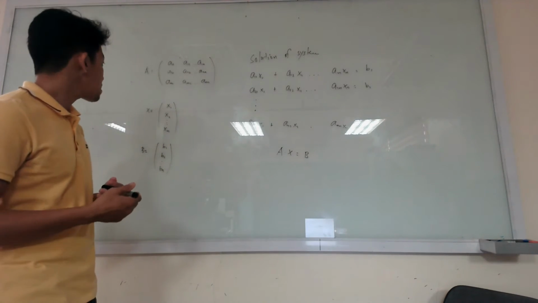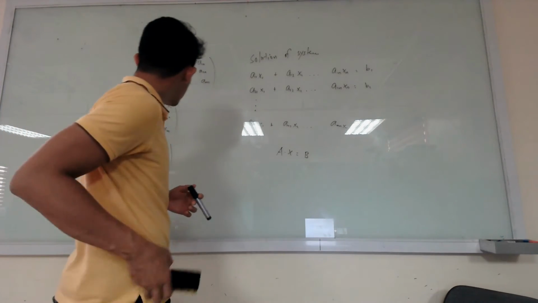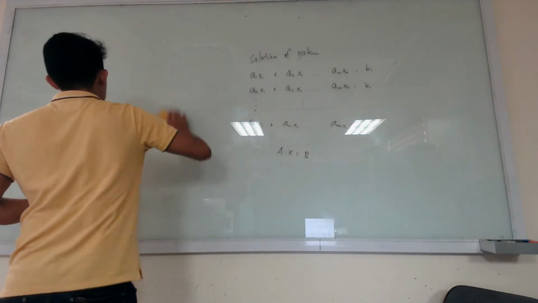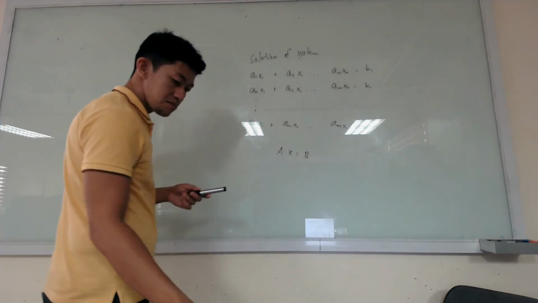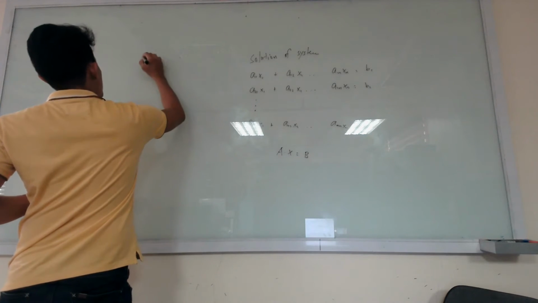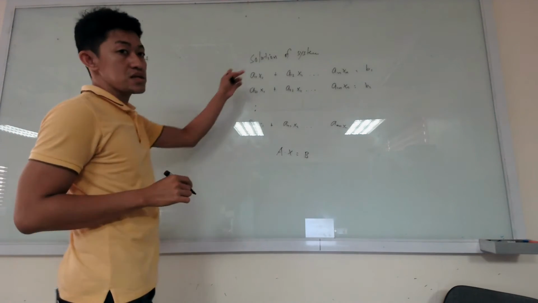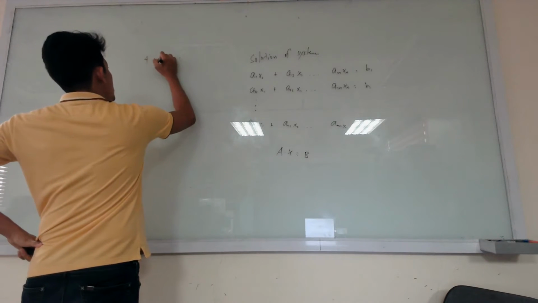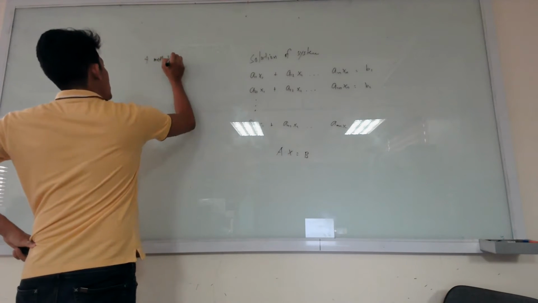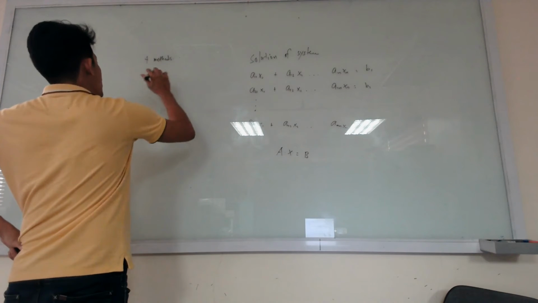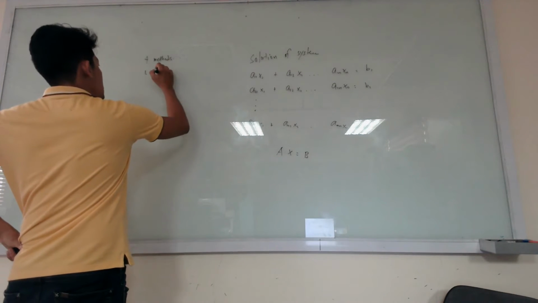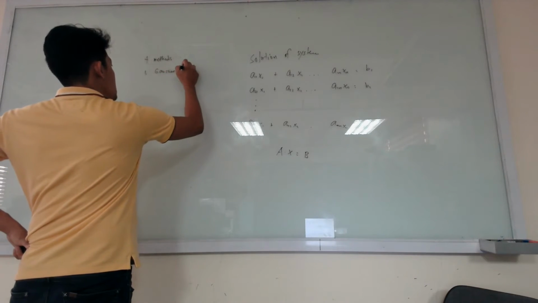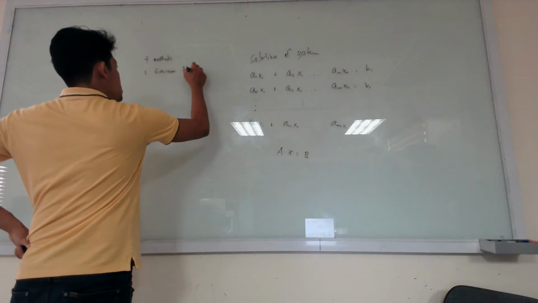Okay, by the way, we have four methods that we will use to determine the solution of the system of linear equations. The first method is the Gaussian elimination method.